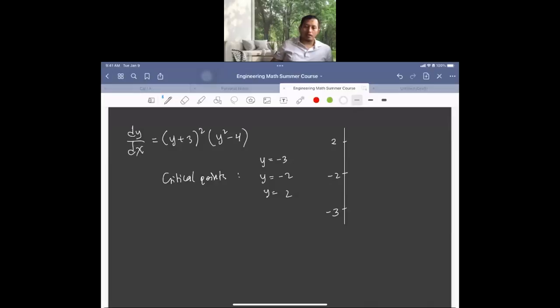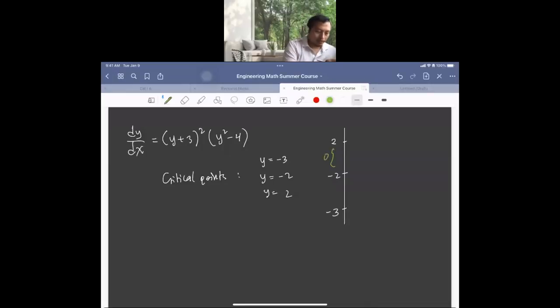Now what we are going to do is check from each interval when the portrait becomes attracted and becomes repelled. Okay, we can check with this interval.